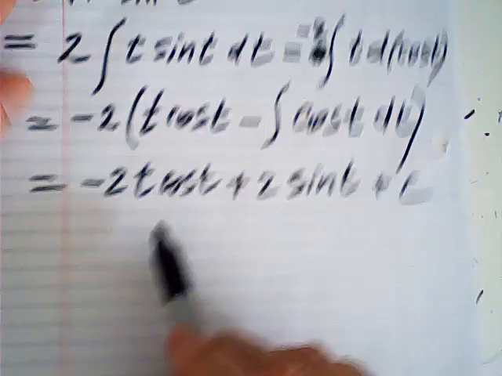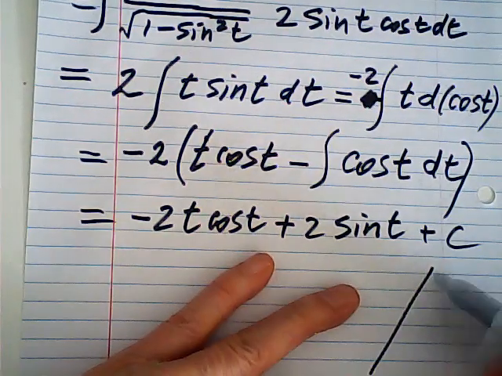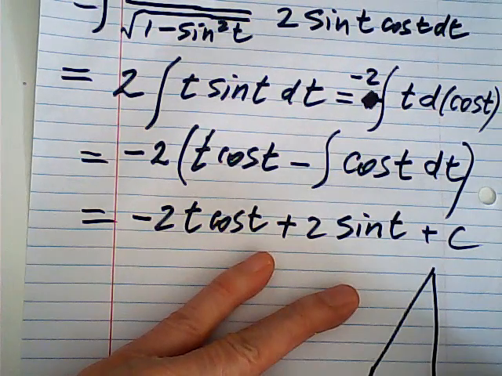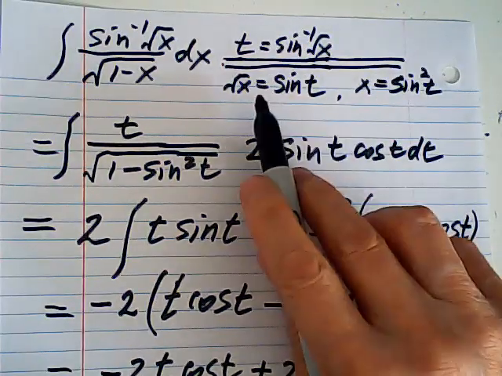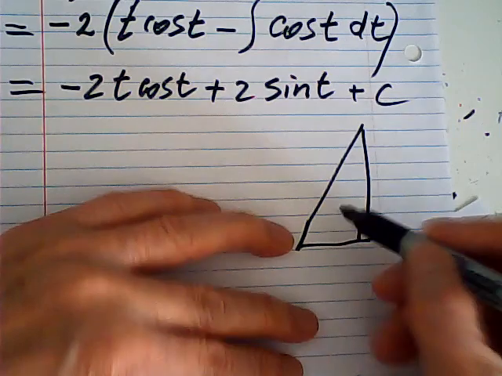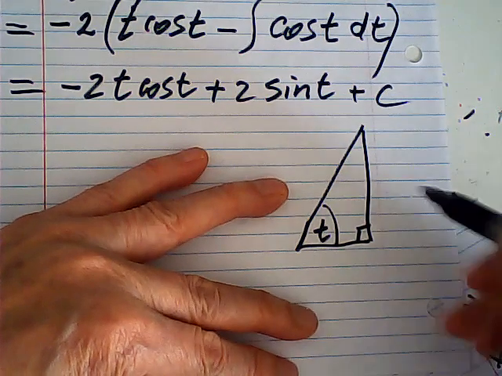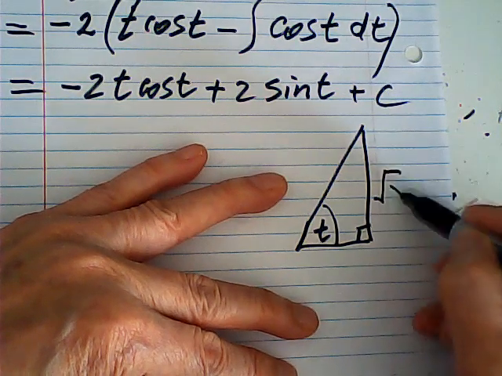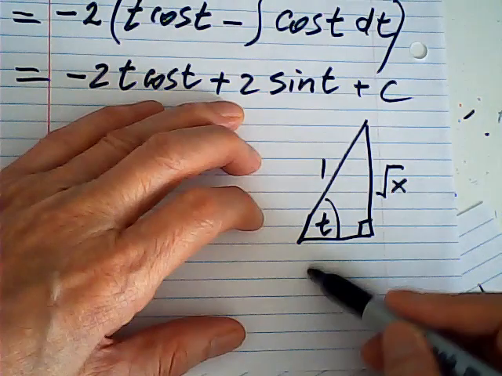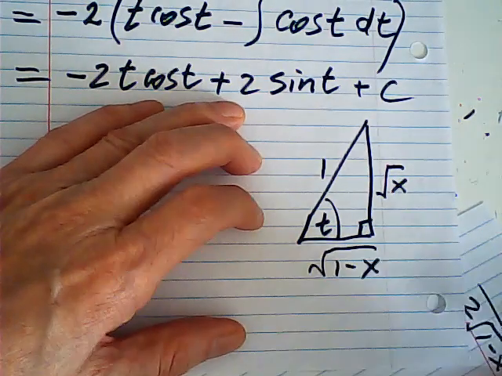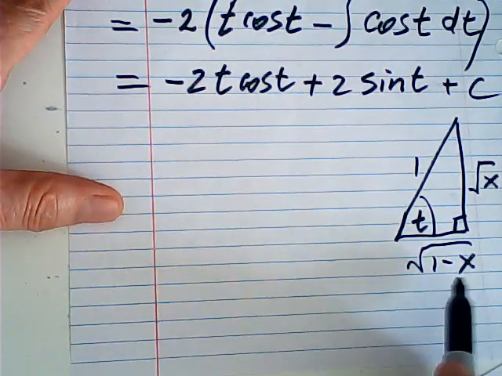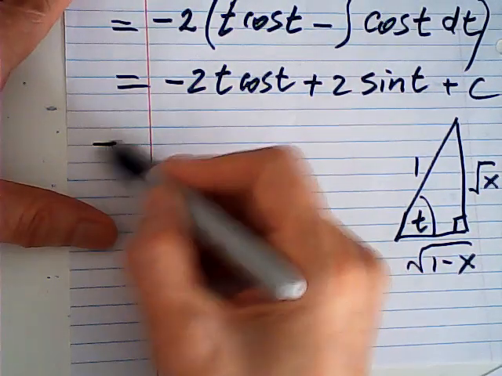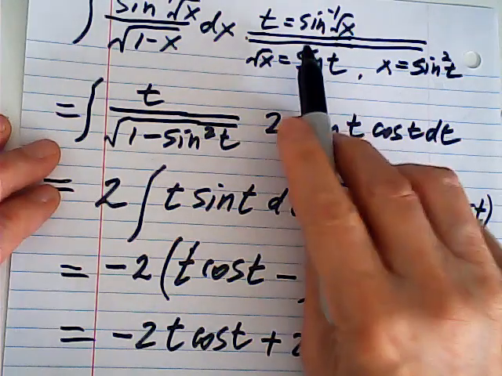Now then we have to convert that back to x. We draw a triangle. Sine t is root x. So this is t. This is root x. This is 1, right? So this is the square root of 1 minus x. Now cosine t is this, right? t is arcsine of root x.